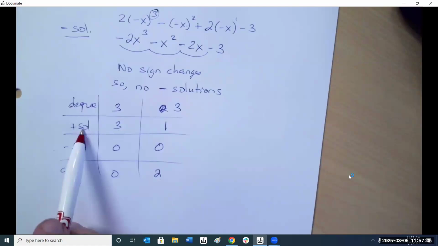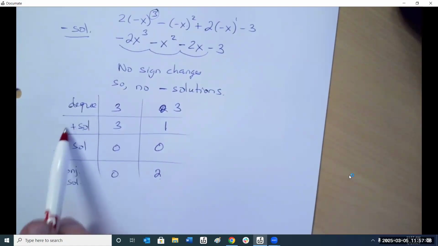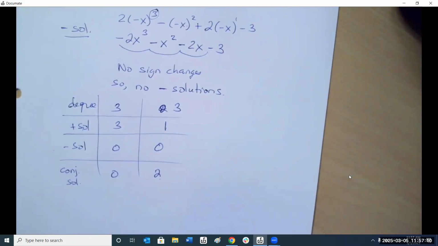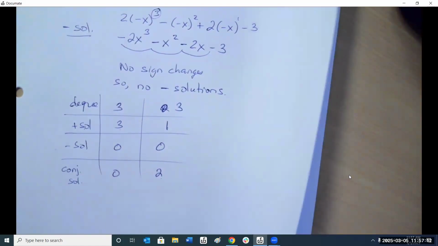So these are the possibilities we have. Let's look at another example.